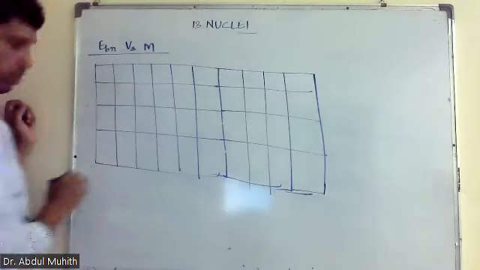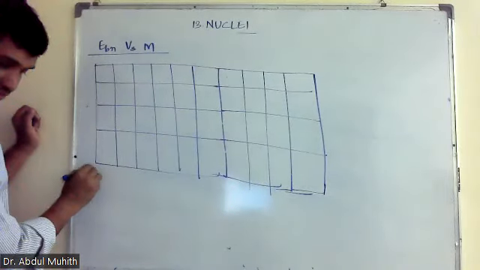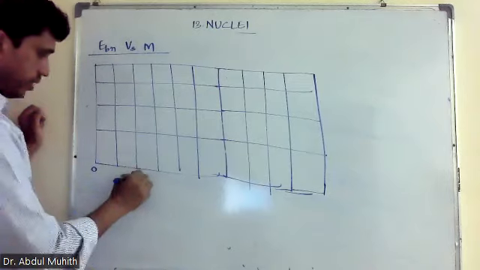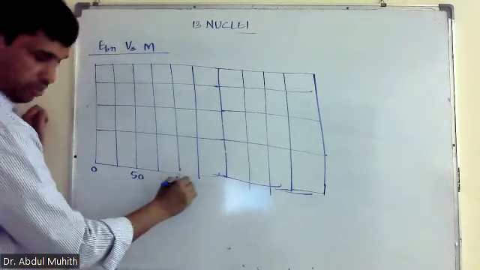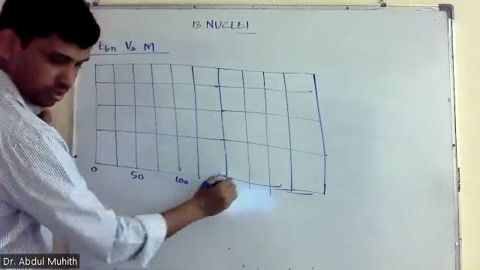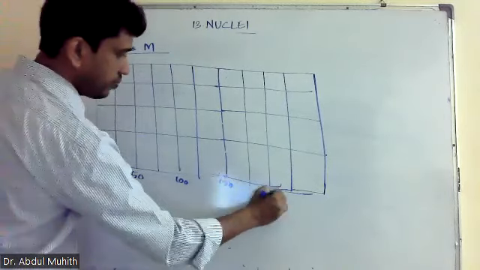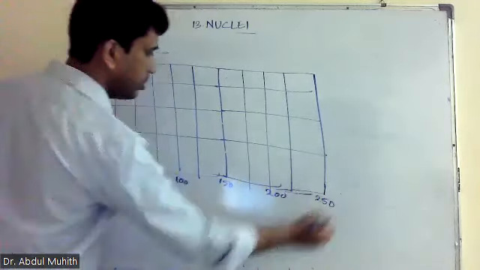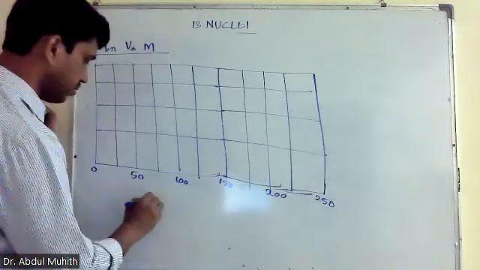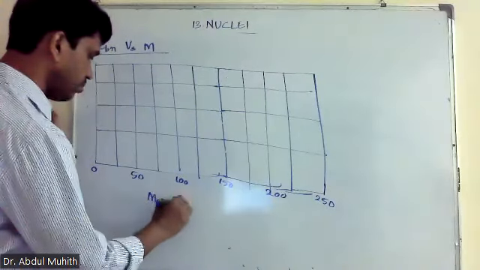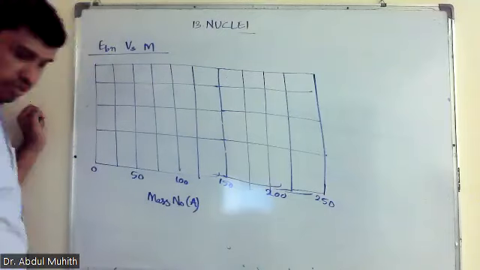Now, here we'll start with 0, 50, then 100, 150, 200, 250. These are the mass number or atomic mass.